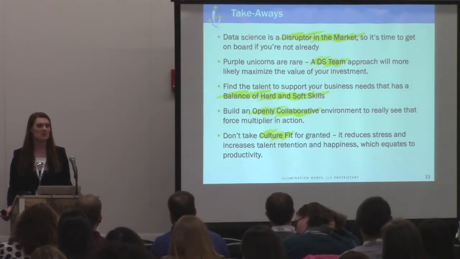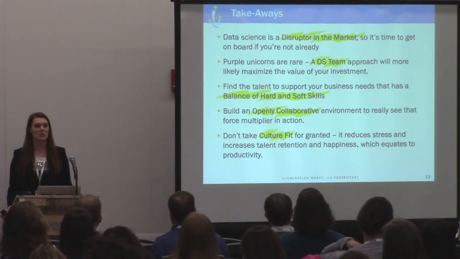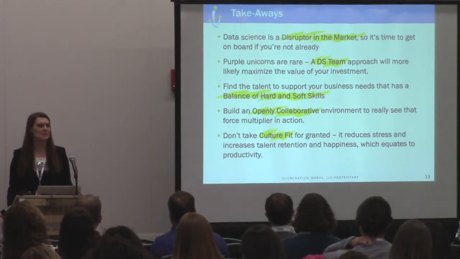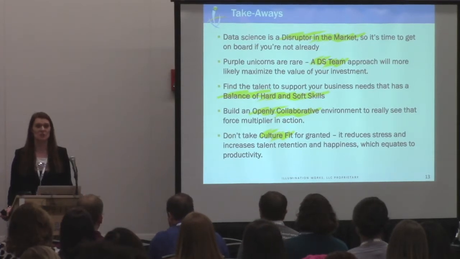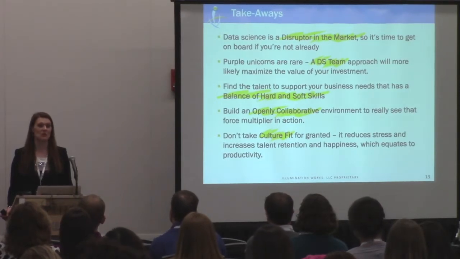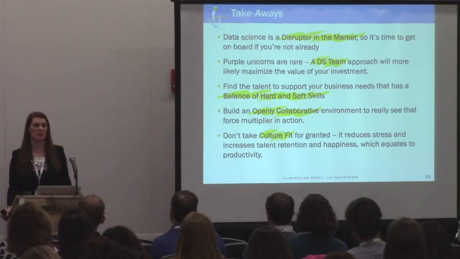Again, talent. Finding talent is hard. There's a lot of ambiguity in what a data scientist is. So balance those hard skills and soft skills, and find creative ways to ask questions to get what you want. Fast learners: part of the academic side of things is that once you get a PhD, you're kind of a professional learner.